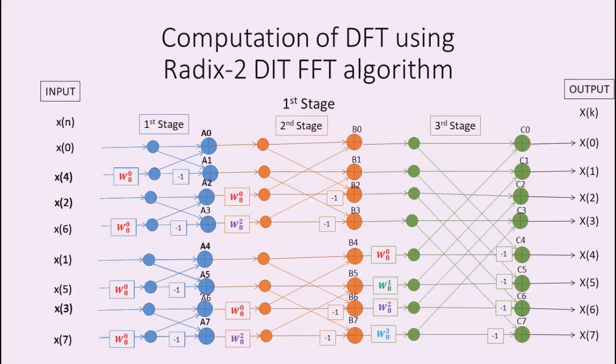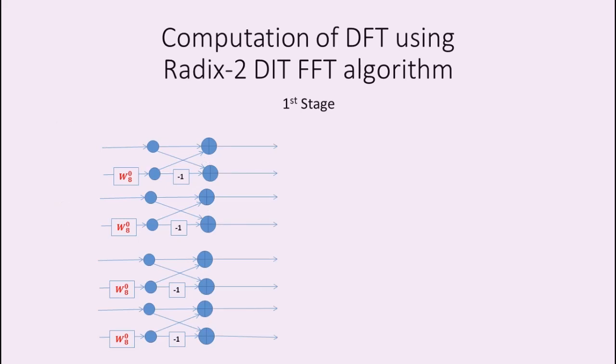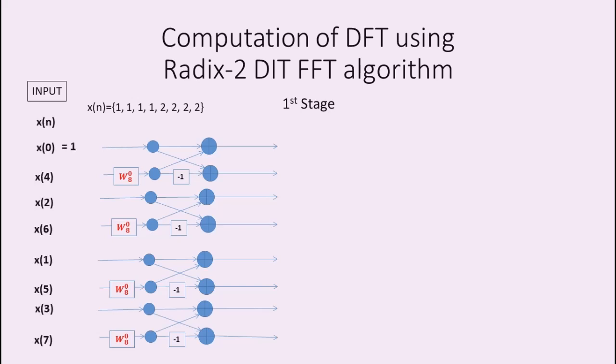Now from the total 8-point FFT diagram, first we calculate the first stage of the FFT. For the first stage, inputs are the given sequence, and outputs are named A0.